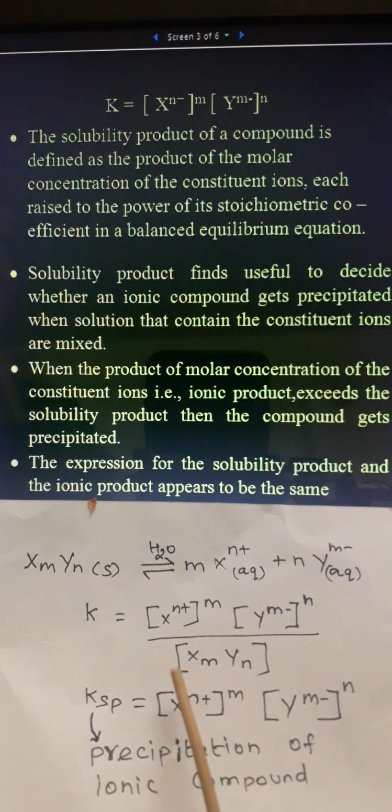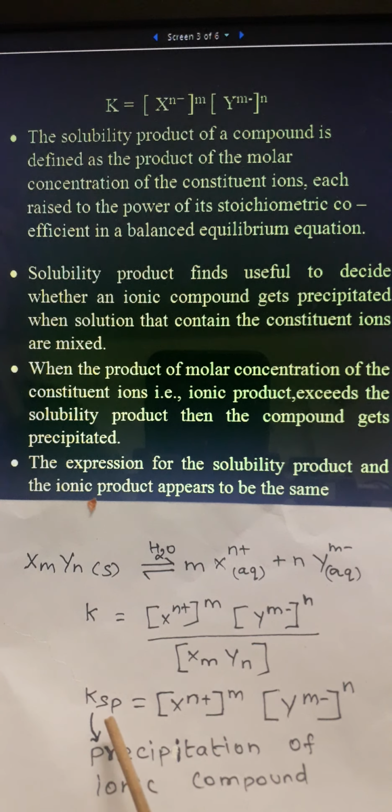The concentration of the reactant is taken as constant because it is in the solid state, so it is omitted. The equation becomes Ksp equals [X^n+]^m [Y^m-]^n. So Ksp means solubility product.